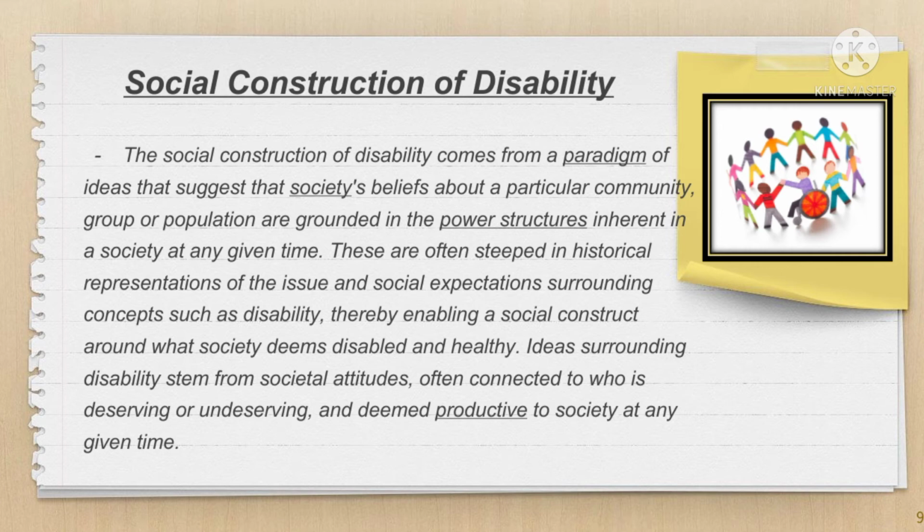These are often steeped in historical representations of the issue and social expectations surrounding concepts such as disability, thereby enabling a social construct around what society deems disabled and healthy. Ideas surrounding disability stem from societal attitudes, often connected to who is deserving or undeserving, and deemed productive to society at any given time.